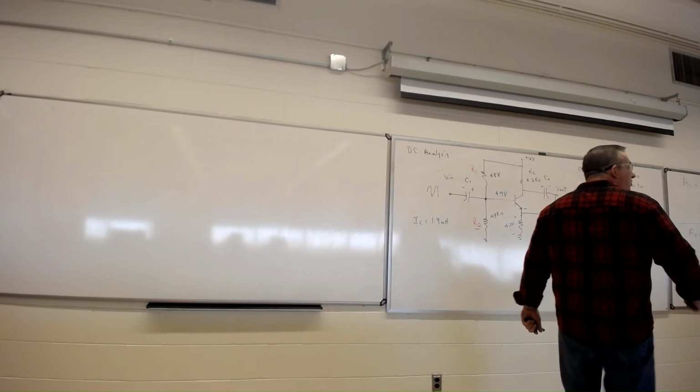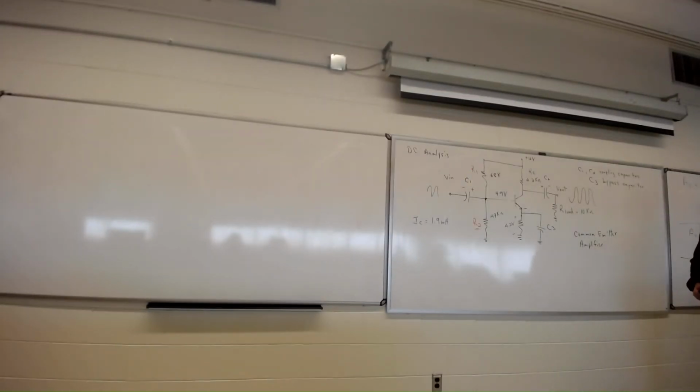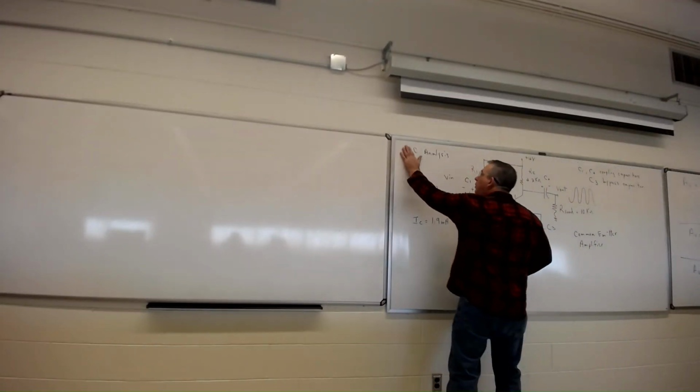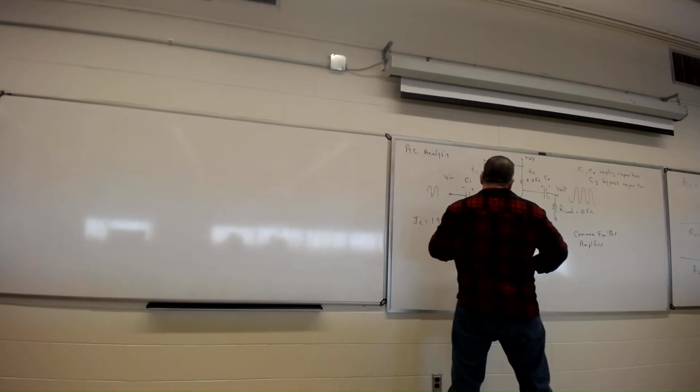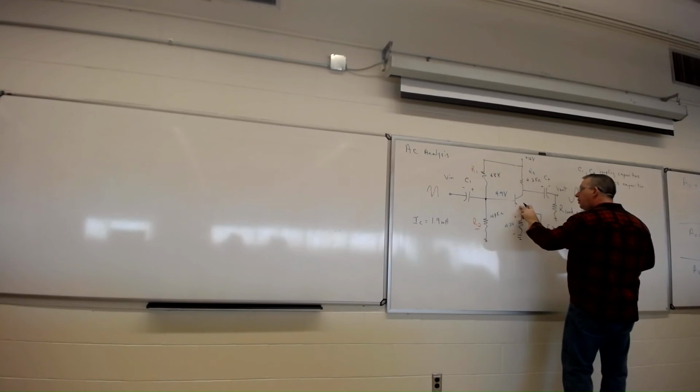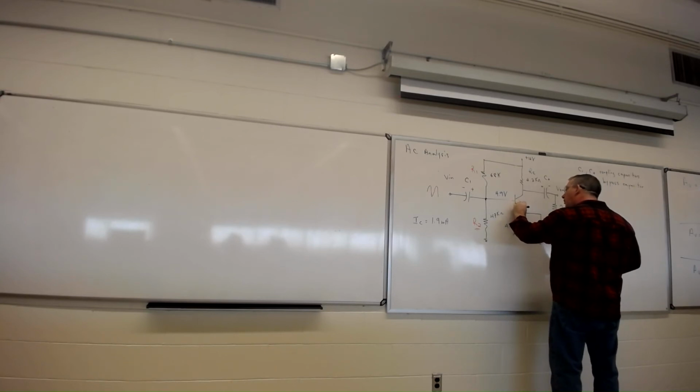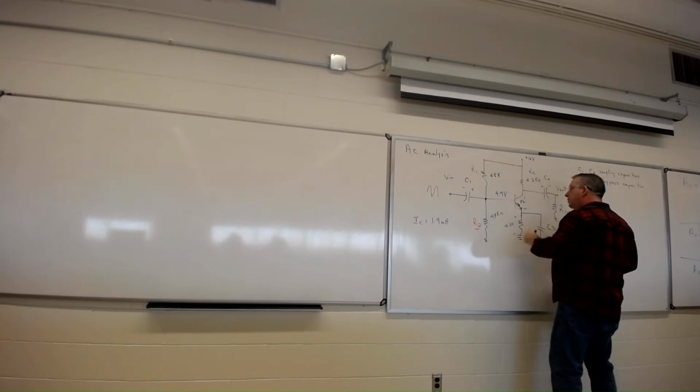Now, before we go on, just because we're shifting over to AC analysis, there is something I'm going to introduce, and this little thing is called r prime e, the emitter resistance.